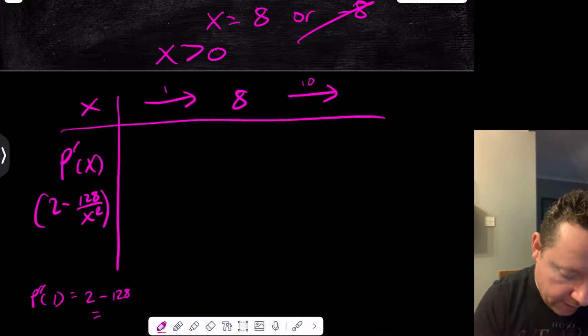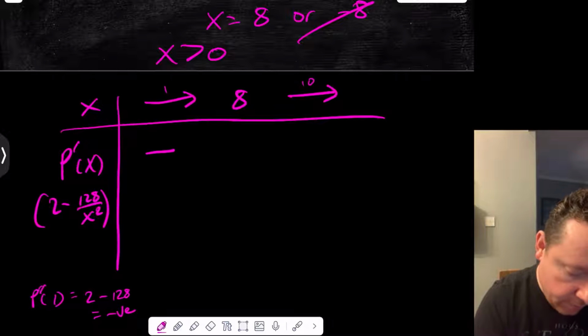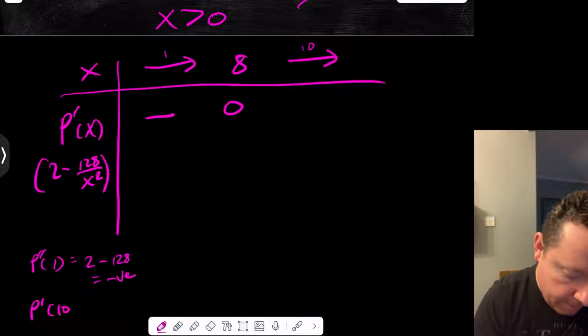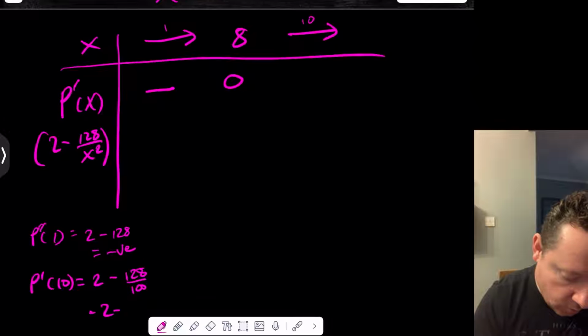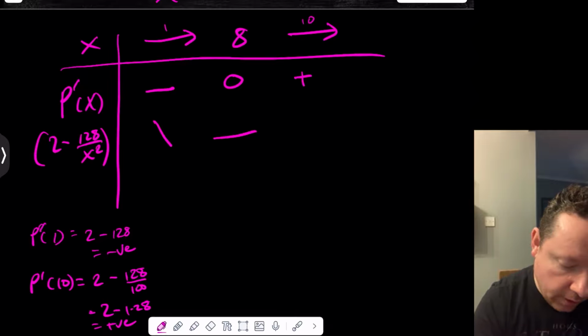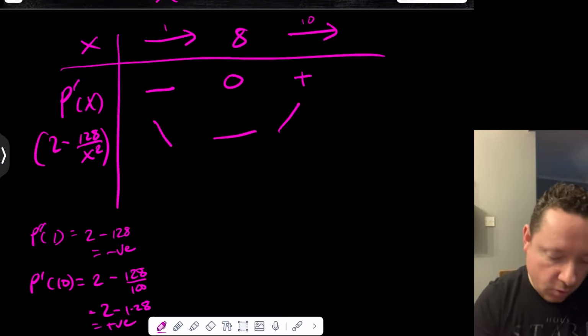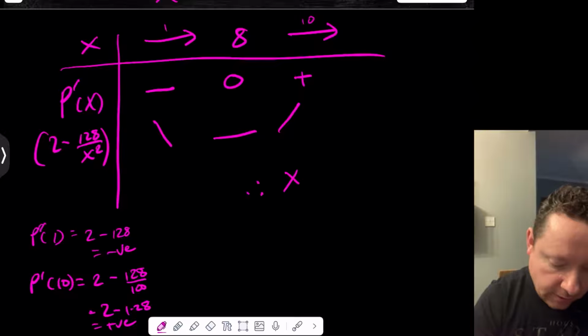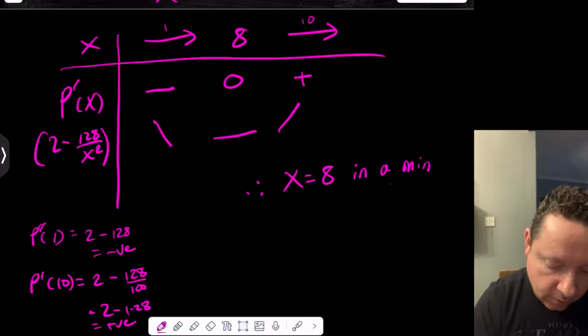Well, that's clearly negative. That's 0, and then if I put P dash 10, that's 2 minus 128 over 100. Well, that's 2 minus 1.28, which is positive. So our shape is down, along, and up. And therefore, x equal to 8 is a min turning point.